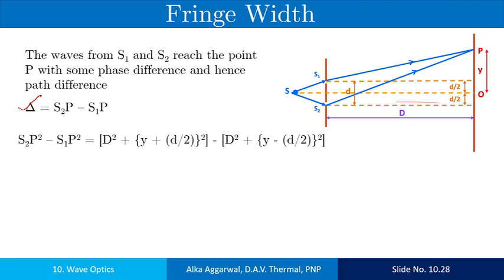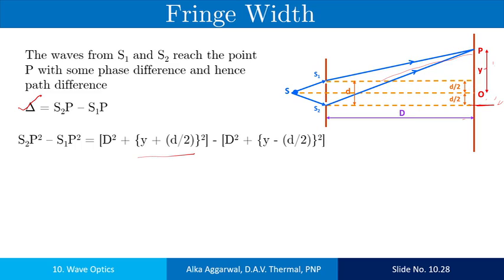From this triangle, S2P square is equal to (y plus d by 2) whole square plus D square, using the Pythagoras theorem. Similarly, for S1P, apply the Pythagoras theorem in this triangle. This distance is y, so it is (y minus d by 2) whole square plus D square.